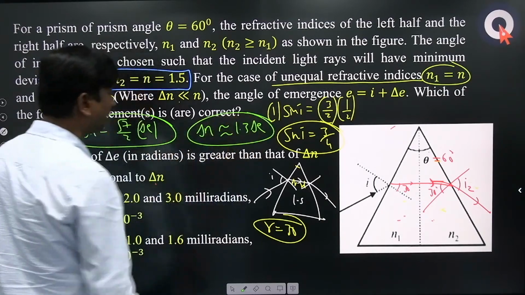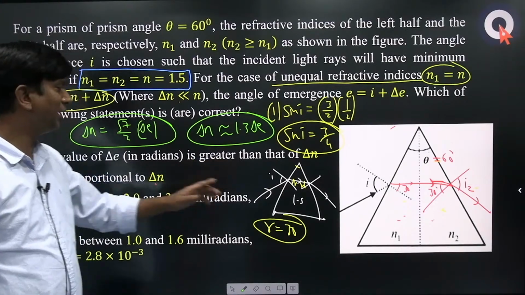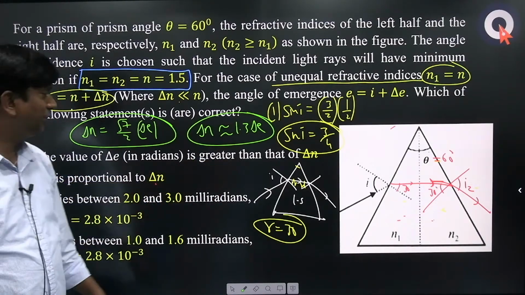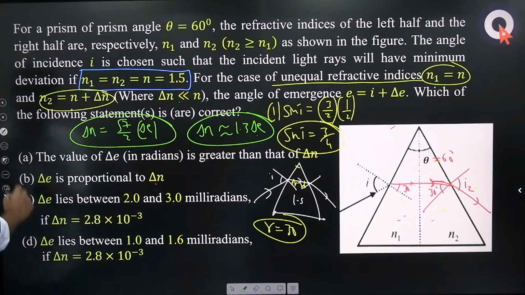Now please check which is greater. Delta N is the greater one. So the statement that the value of delta E is greater than delta N is wrong. Delta E is definitely proportional to delta N, correct. And delta E lies between 2 and 3 milliradians if delta N is 2.8 into 10 power minus 3.